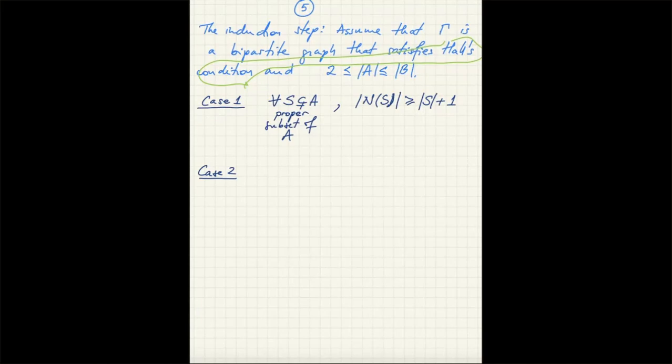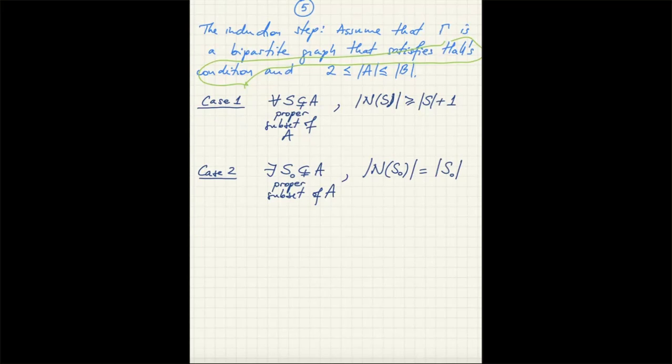So that means that case two is that there exists S0, a proper subset of A, such that the cardinality of the neighborhood of S0 equals the cardinality of S0. I hope it's clear that this is a legit fork in our proof, and these two cases cover all the possibilities. Now let's deal with each of them separately.